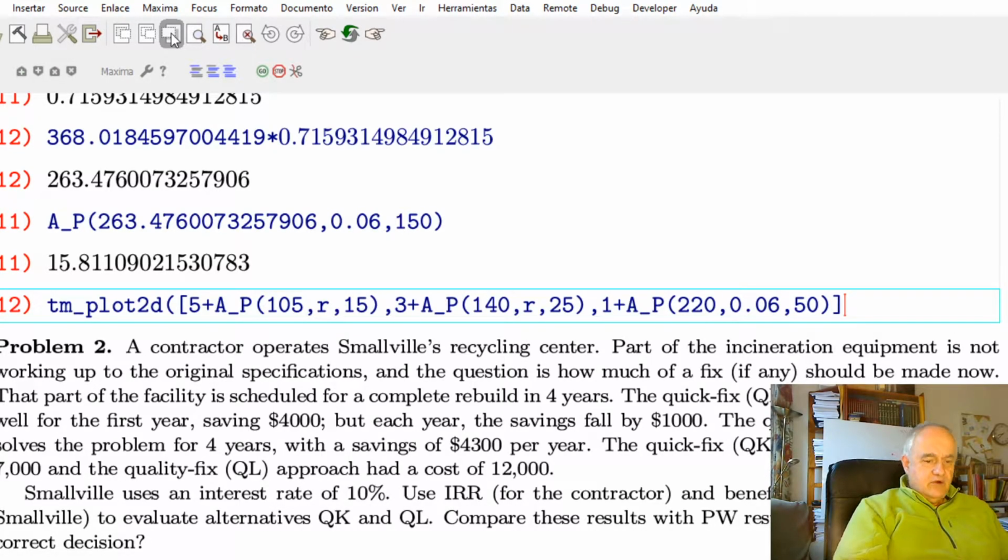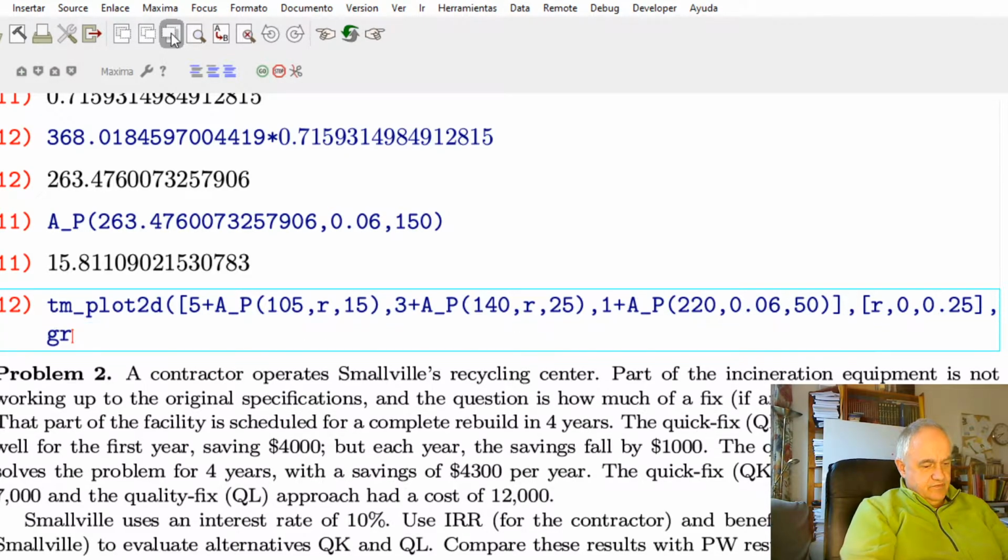So now we're going to plot this expression for a range of R between 0 and 0.25. Then we're going to introduce the grid so that we can easily measure, and later on we'll write something about the title and so on.